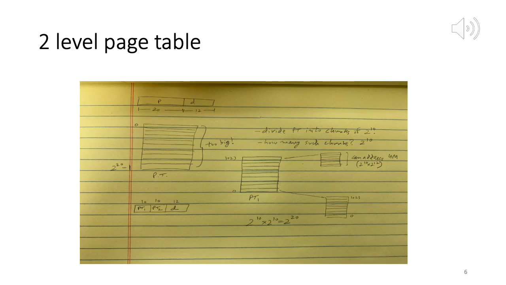So 2 raised to 22, which means 4 MB. And it is correct because we have 2 raised to 10 such page tables, so the total memory addressable is 2 raised to 32. Okay. So this is the arrangement.